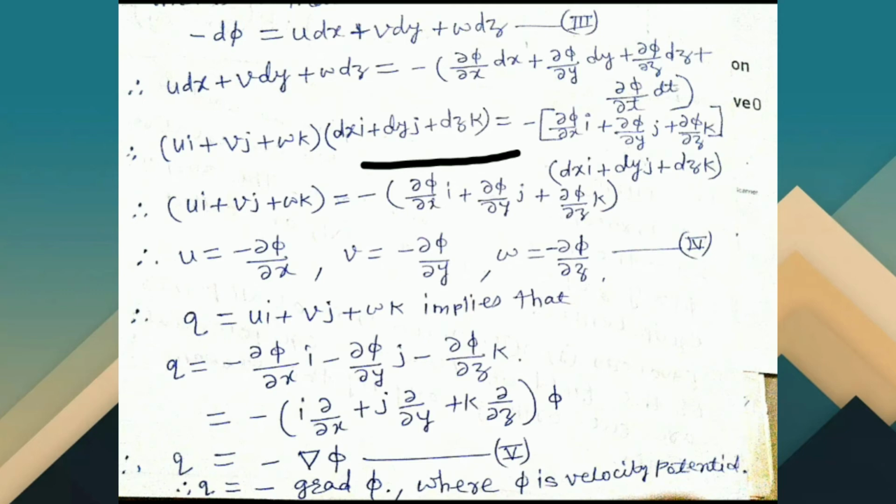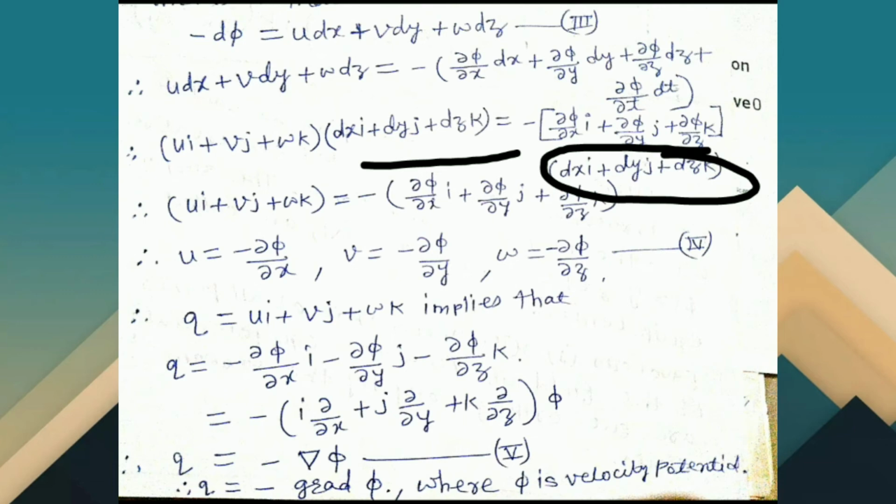So what do we get? We get ui plus vj plus wk into dxi plus dyj plus dzk is equal to minus dou phi by dou x i plus dou phi by dou y j plus dou phi by dou z k, and this is multiplied by both the sides.